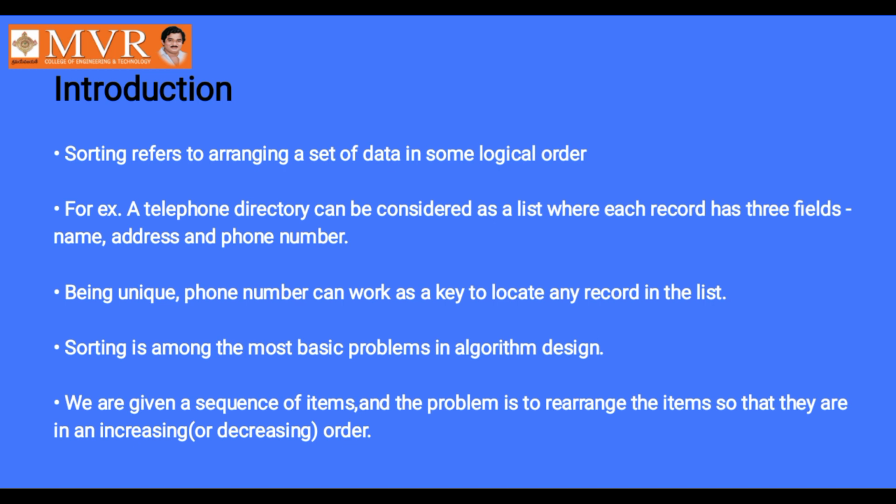When you want to search for any particular name or any particular person's details or phone number, you can do it easily as it is in alphabetical order. So sorting is very important technique.